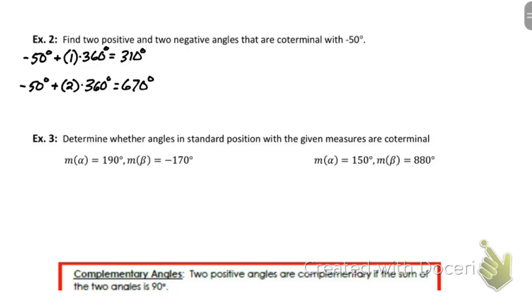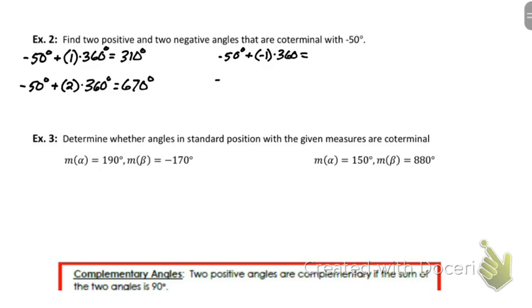To go in the negative direction, we're just going to do something like negative 50. If I was you, I'd go on my calculator, I'd subtract 360. But with the formula, we'd have negative 50 degrees plus a negative 1 rotation.